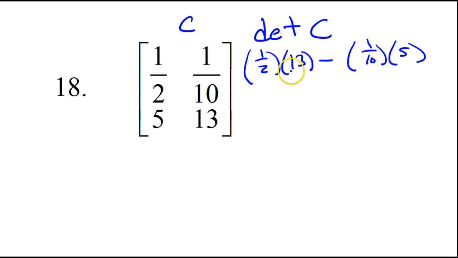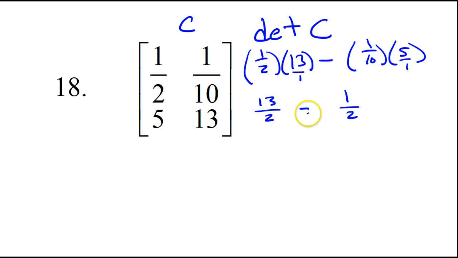So this is like having 13 over 1 and 5 over 1. Multiplying straight across, I've got now 13 over 2 minus 5 over 10, which reduces down to 1/2. That's nice because the denominators are the same.